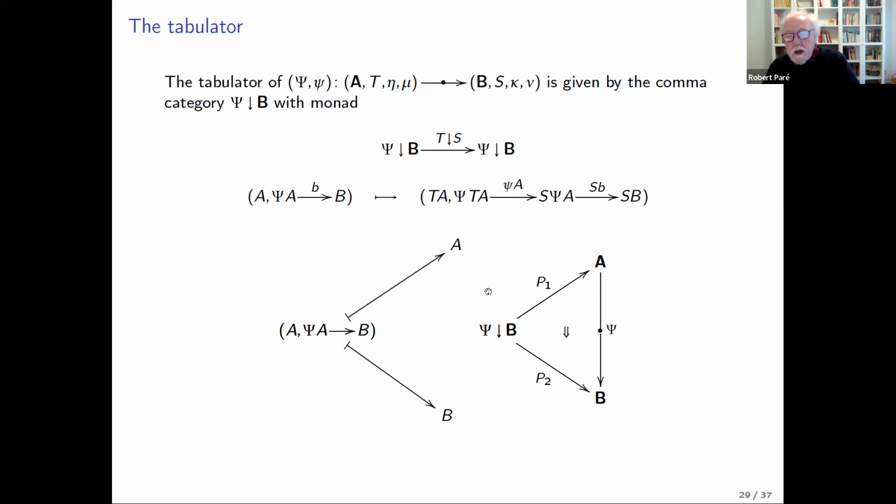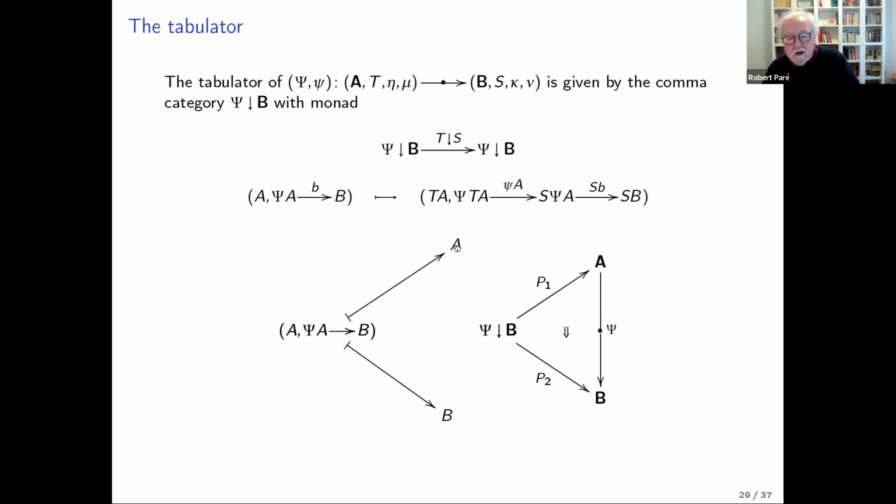This gives you a category with a monad. The projections actually preserve the monad on the nose, as you can see. They both have companions, but P1 actually has a left adjoint.